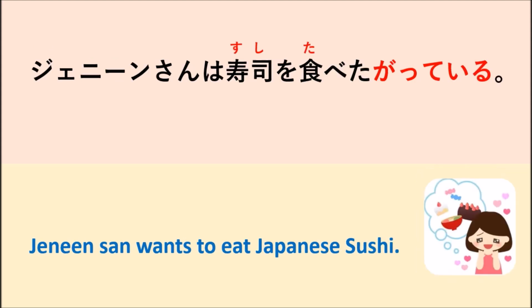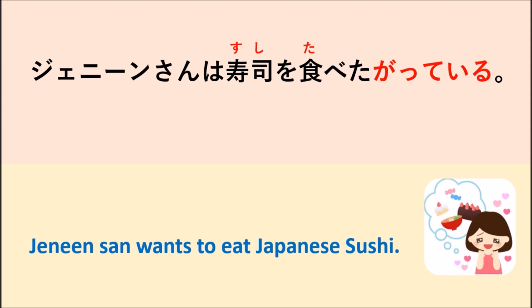Another example, we see this sentence: ジェニーさんは寿司を食べたがっている。Which means Jenny-san wants to eat Japanese sushi.